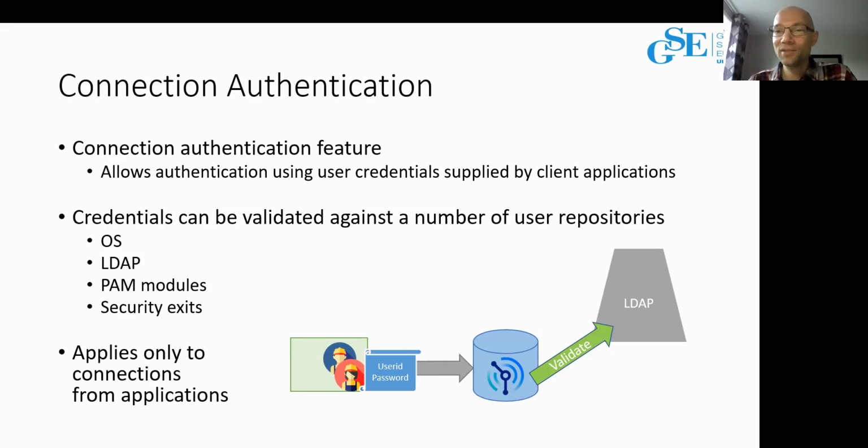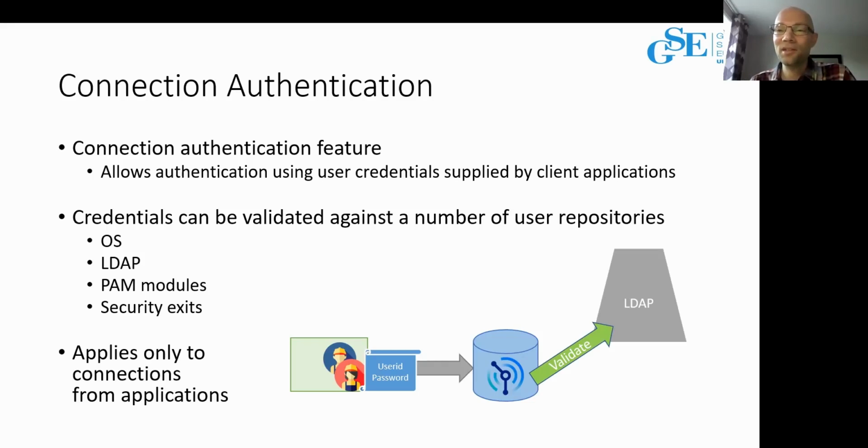If you have a centralized LDAP repository, then MQ can also call out to the LDAP server to check that the user ID and password supplied by the application is valid. You also have the option on Unix systems of checking against PAM modules. This is a feature in Unix that lets you add additional pluggable modules, essentially, to add additional authentication capabilities to your Unix system.